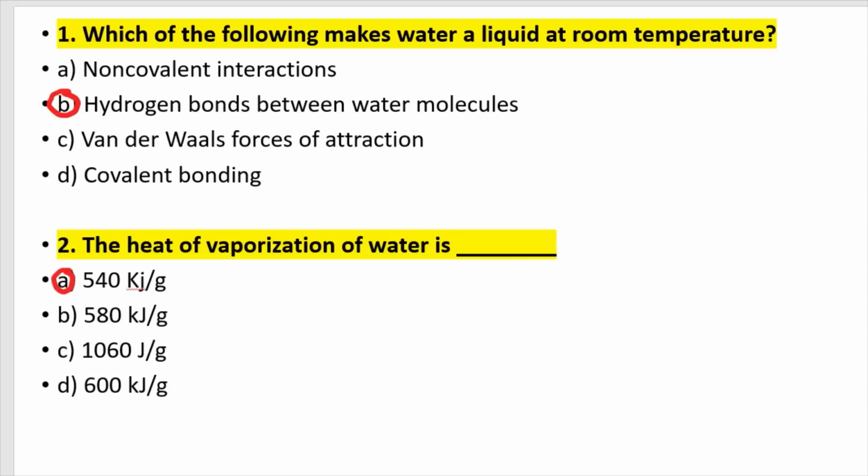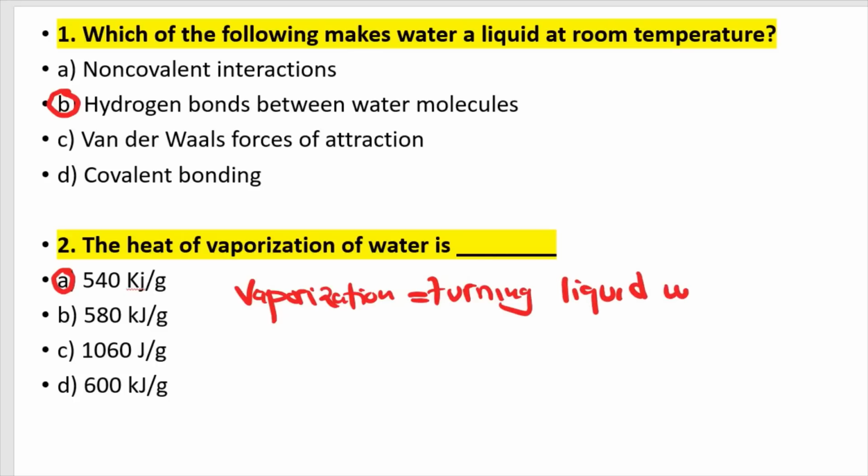into vapor. You know that vaporization is simply turning liquid water to vapor. Vapor is simply gas.